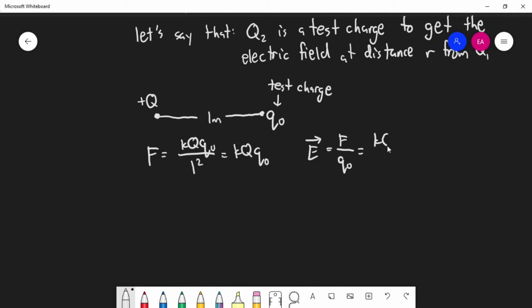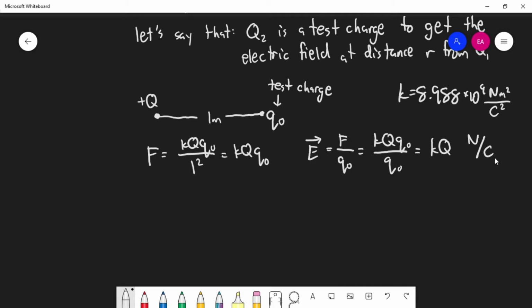That's equal to KQ Q null over Q null, which is basically equal to KQ. Take note that K is equal to 8.988 times 10 raised to 9 newton meter squared per coulomb squared. The unit of electric field is actually newtons per coulomb.